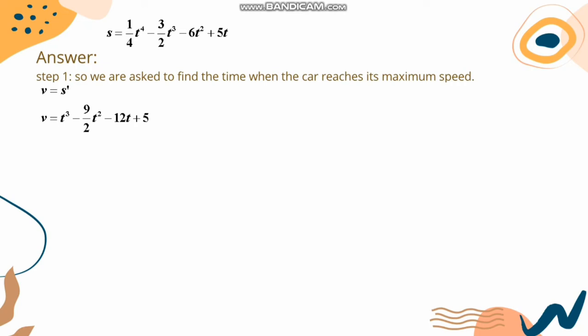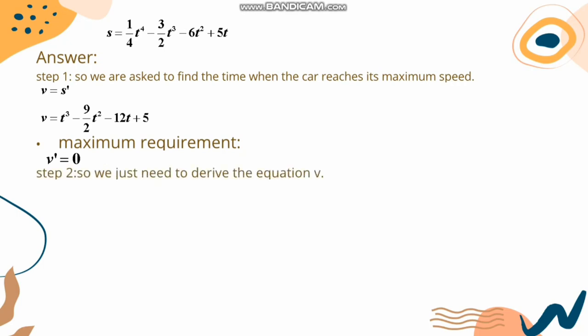So this is the equation of v, but because it asks for the maximum speed, remember the maximum or minimum requirement is that the first derivative is equal to 0. So the maximum condition is v prime equal to 0. Step 2. We just need to differentiate the equation v.